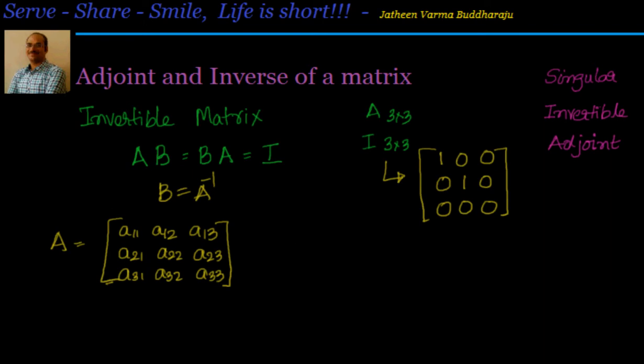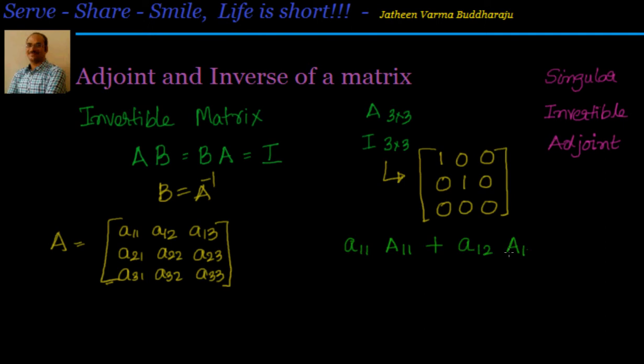Now if you remember, a little time back we discussed that the determinant of a matrix is equal to the sum of products of the elements of a row with their corresponding cofactors. That is, A11 into capital A11, the element into its corresponding cofactor.